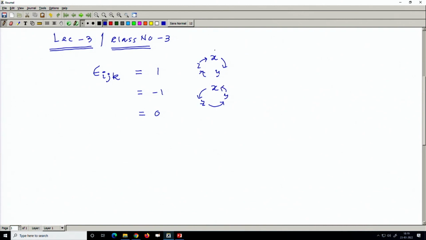If I say this is 1, this is 2, this is 3, it should be a right handed order. Similarly, if it is the opposite order, it is the left handed order. For this case it was 1, for this case it was -1, and in all other cases this value is 0.